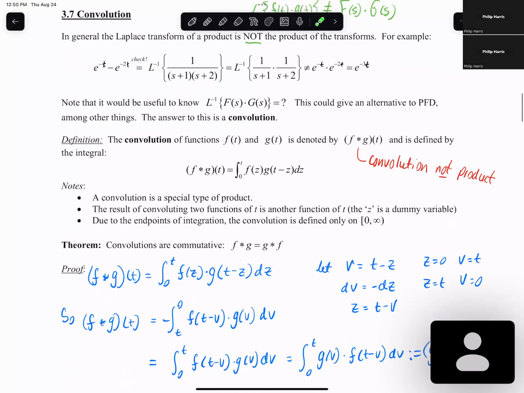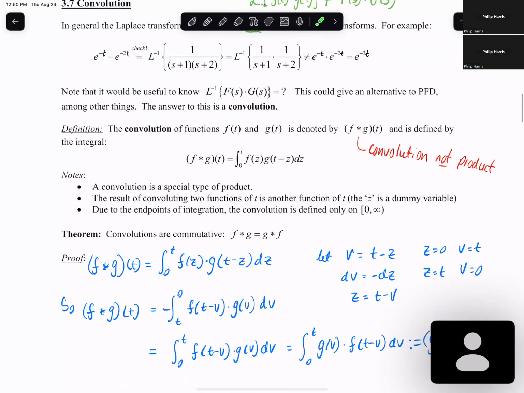Again, we mentioned a couple of these things. A convolution is a special kind of product. The result of convoluting two functions of t is another function of t. The z ends up being a dummy variable. Once you're done integrating with respect to z, you plug in t, so you end up with a function of t.